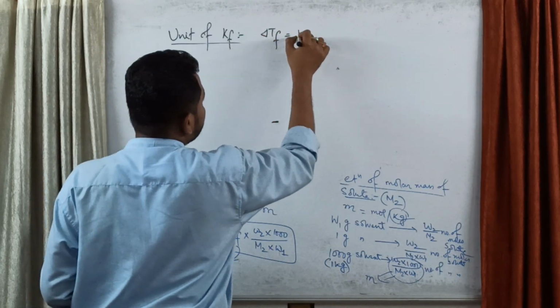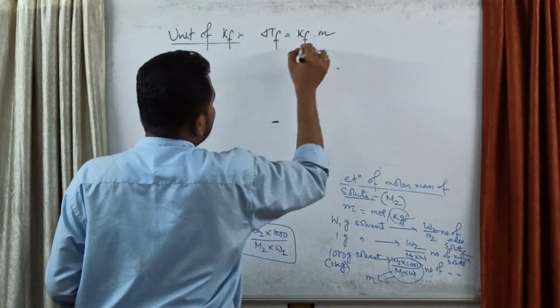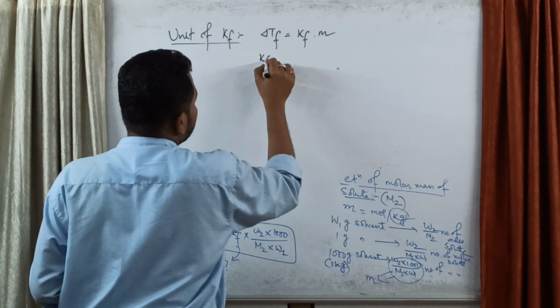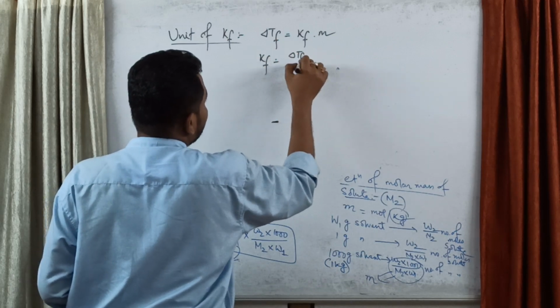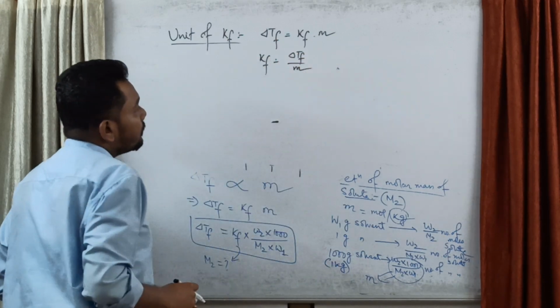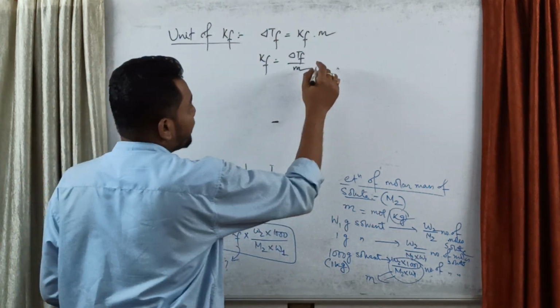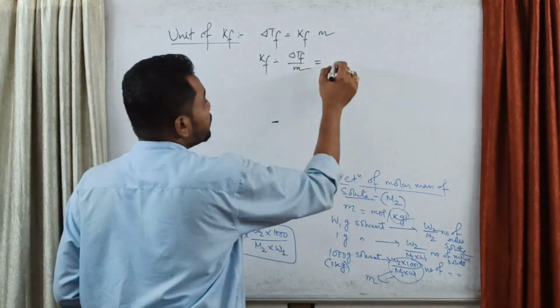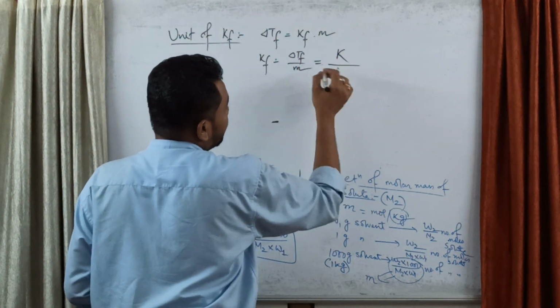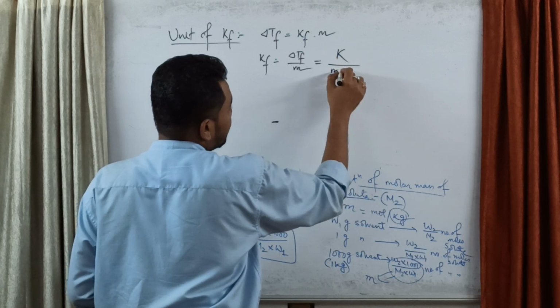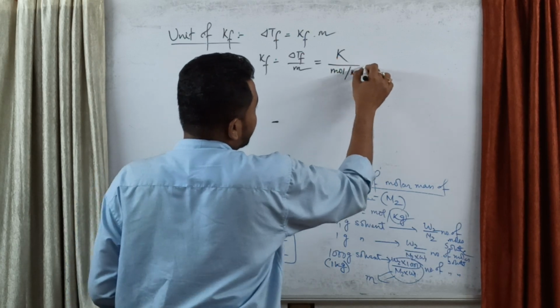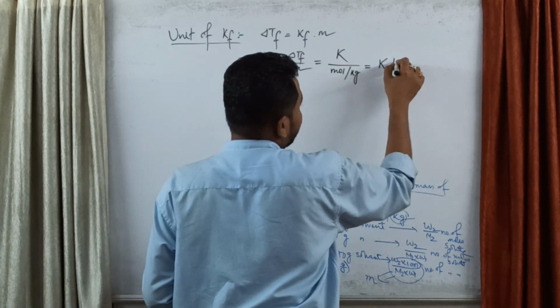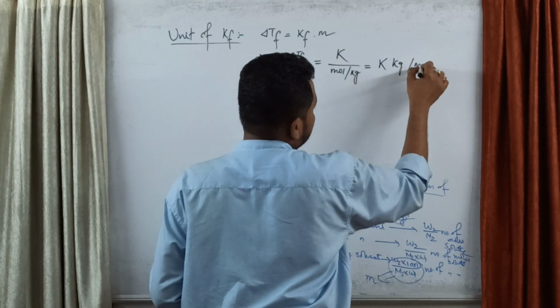You know delta TF equals Kf into m. Then what can we write for Kf, delta TF by m. Delta TF is the temperature, so this unit should be Kelvin, and molality unit is mole per kg. So the unit is Kelvin kg per mole. Remember this.